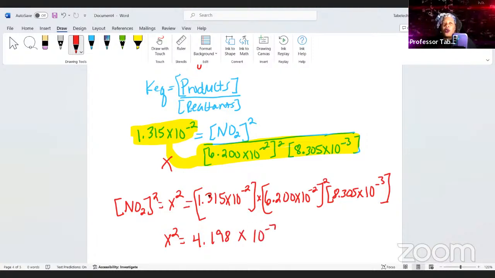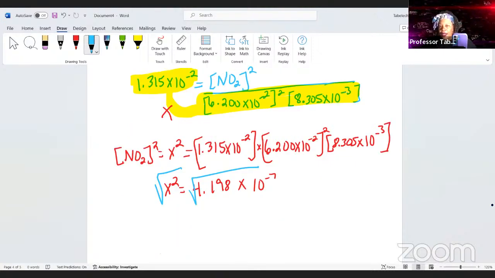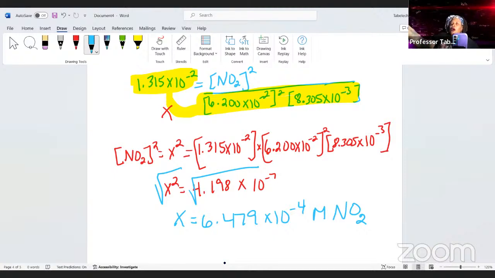Now remember, we want to get rid of that square, so we're going to take the square root of both sides, and that's going to give us the final answer. So X is going to be equal to the square root of that answer right there. Let me go ahead and take the square root of that, and that's equal to 6.479 times 10 to the negative fourth power, and that's the concentration for NO2 in this particular part.